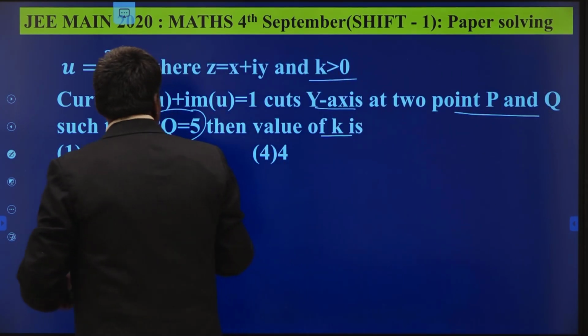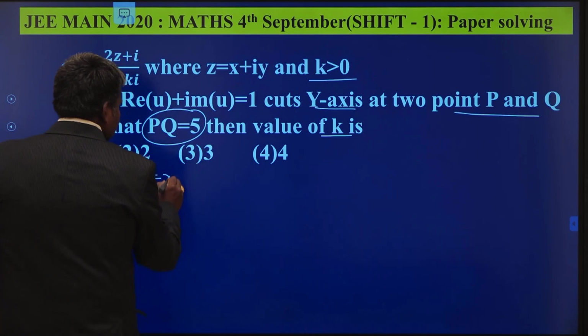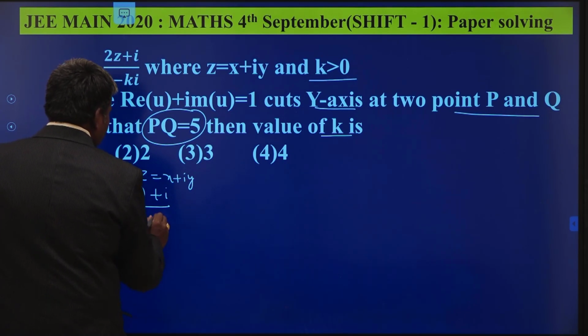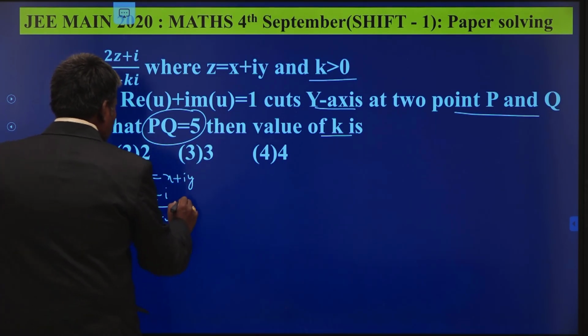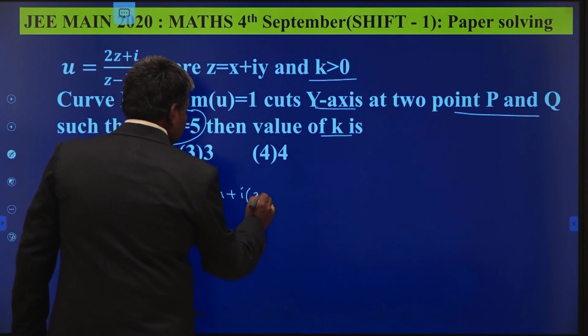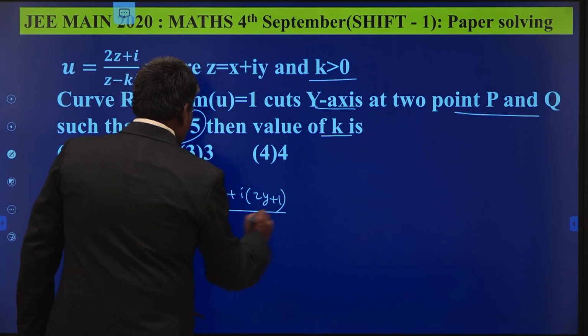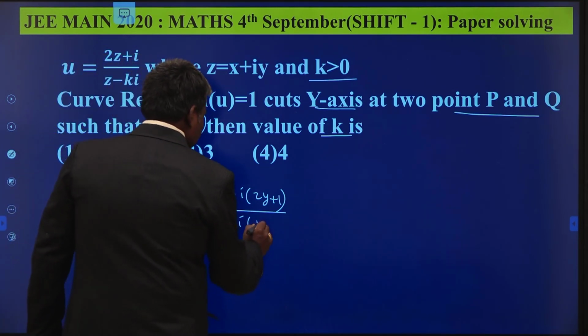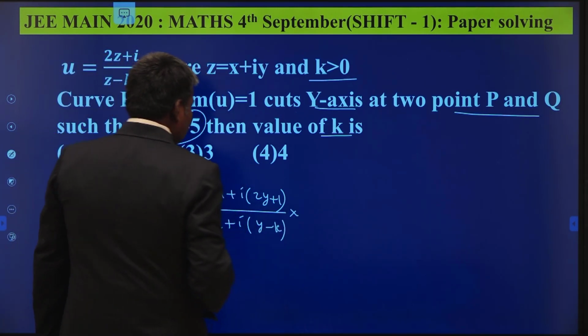So put z = x + iy. What happened? 2 times (x + iy) plus i, whole divided by x + iy minus ki. This is nothing but 2x + i(2y + 1) divided by x + i(y - k).